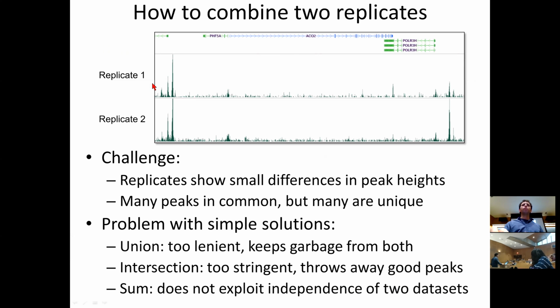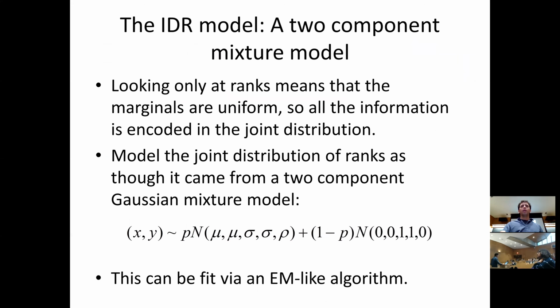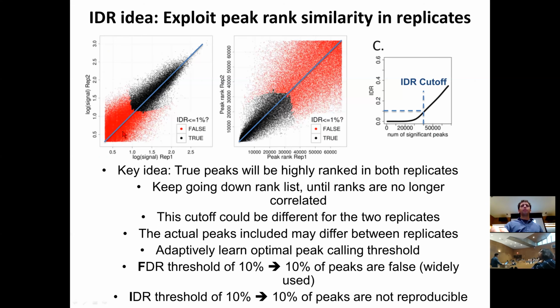And you can keep going down the intensity rank of the peaks in your deep experiment until you stop replicating in the shallow experiment, okay? And this is the idea. The idea is that true peaks will be highly ranked in both replicates. So you can just keep going down the rank list until the ranks are no longer correlated.